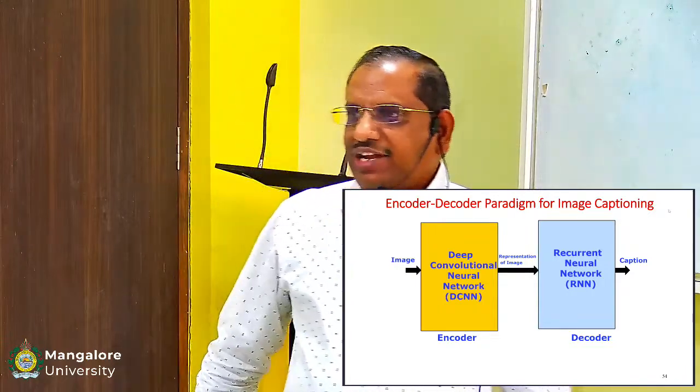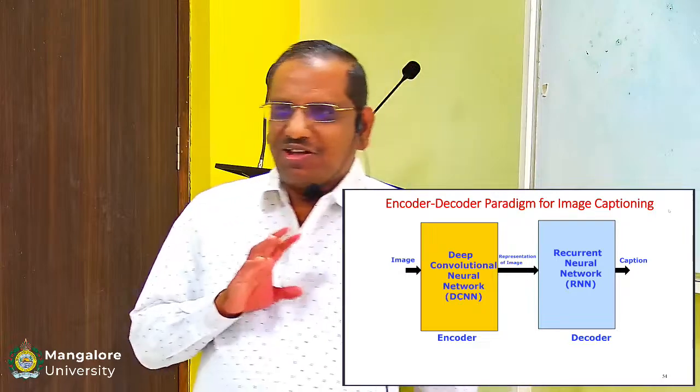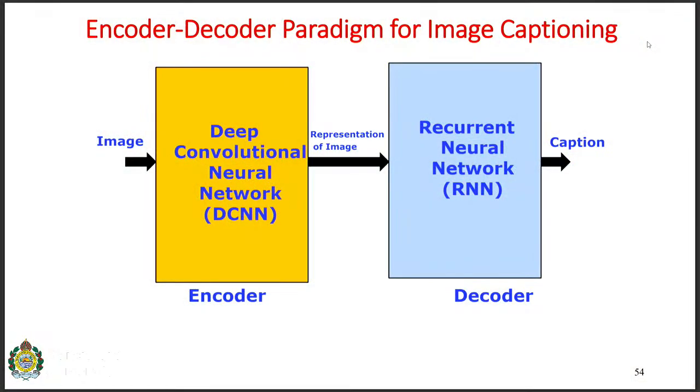That feature vector is supposed to contain all the important information about the content of the image, and that will be given as input to another neural network model called the recurrent neural network model, which is going to act as the decoder, and this model will be trained to generate a caption, which is going to be a sentence.